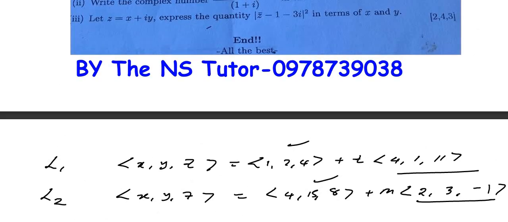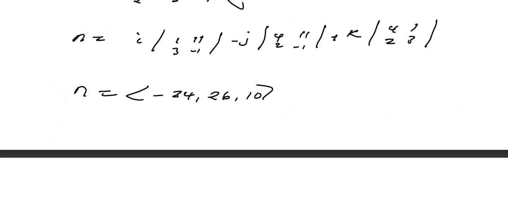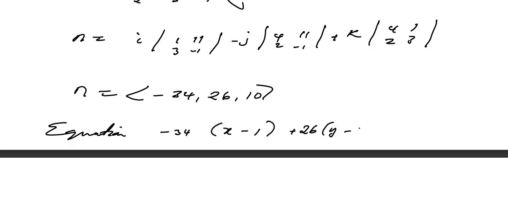If you pick the first one, the equation of the plane is going to be negative 34 times X minus 1, then you have 26 times Y minus 2, then you have 10 times Z minus 4.